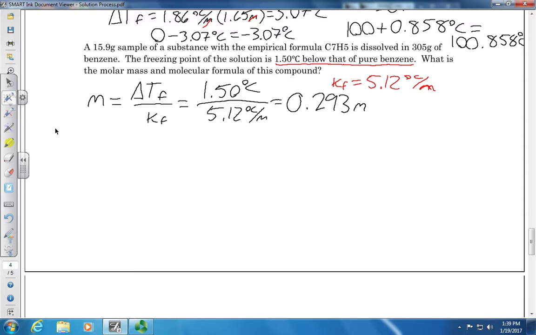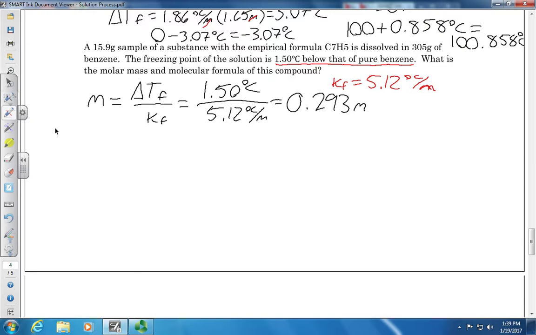Then we can take what other information we're given and see how far we can go. What we can get from molality, other than through this equation and its corresponding equation for boiling, we can also get the moles of the solvent, or the mass of the solvent, and the moles of the solute.